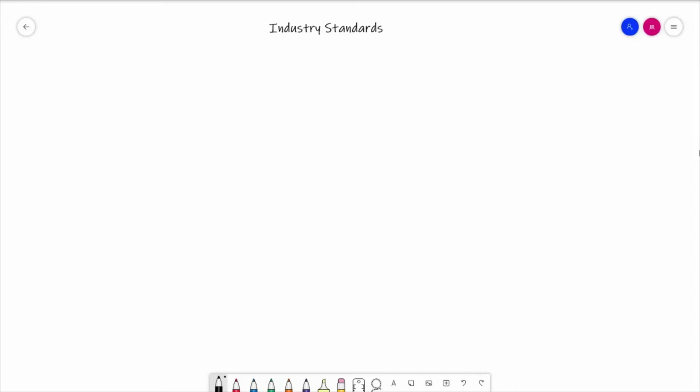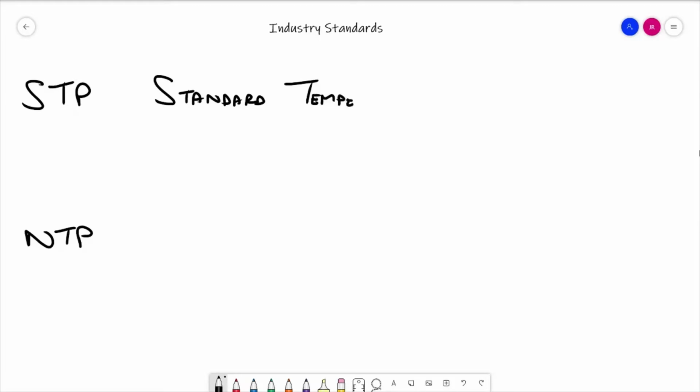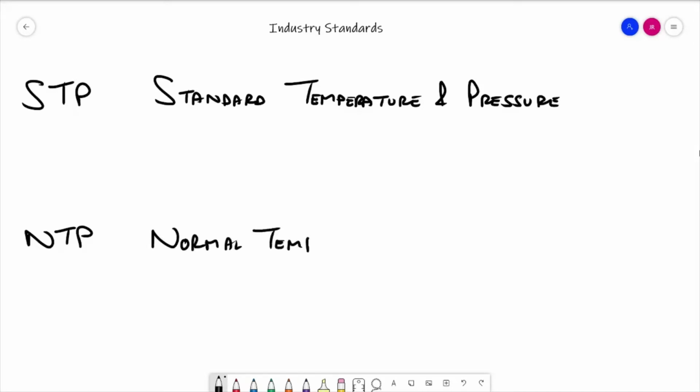Finally then, we're going to have a look at a couple of industry standards. So these are obviously used in a lot wider spheres than just physics, and obviously chemistry as well. Now, STP stands for standard temperature and pressure, whereas NTP stands for normal temperature and pressure.